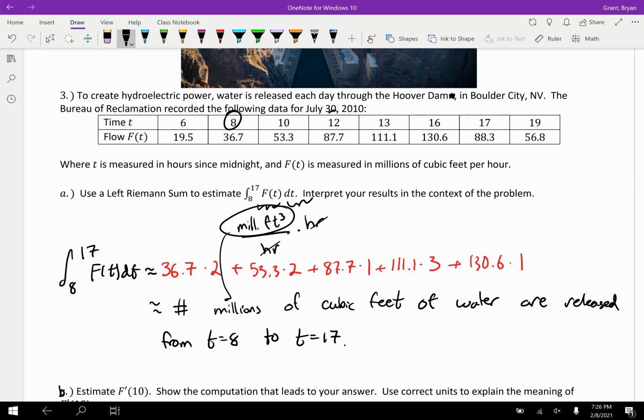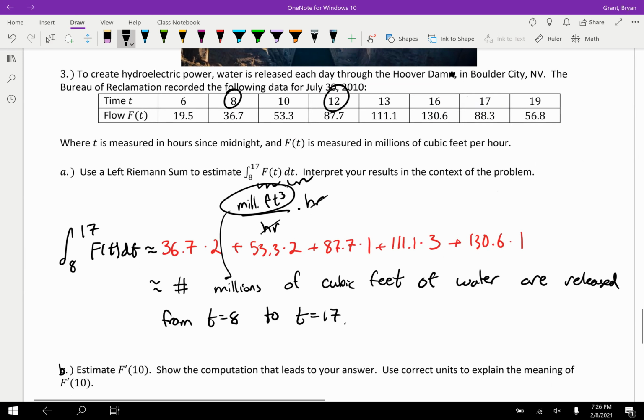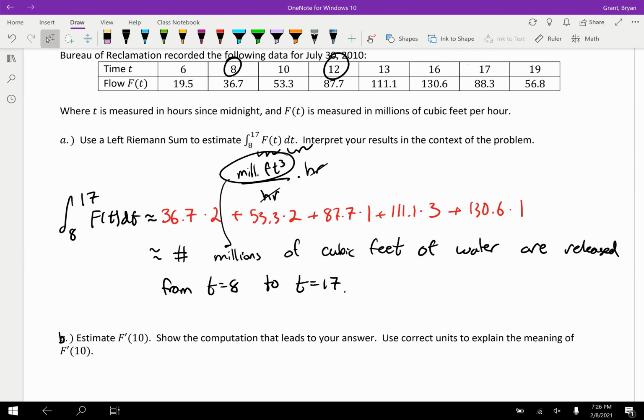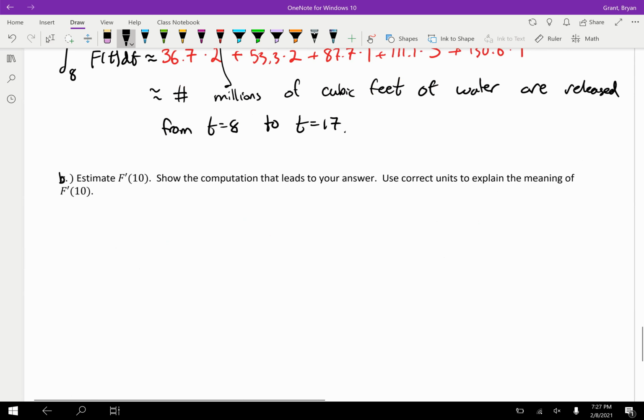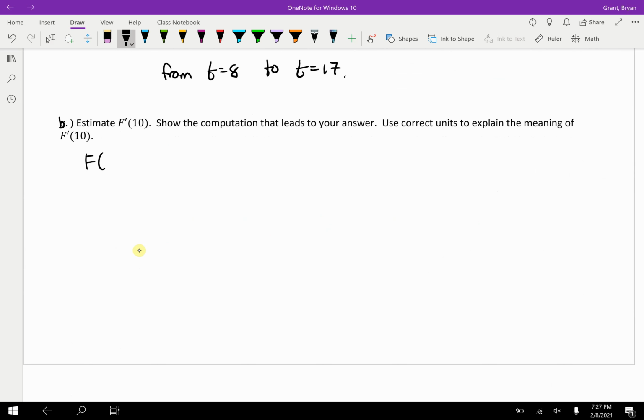So I'm going to take 8 and 12, and we essentially apply our mean value theorem without actually using the mean value theorem. And we're going to use these guys over here. So we're going to find F of 12 minus F of 8 divided by 12 minus 8. And again, this is the slope formula, the average rate of change formula applied to capital F. So this is going to guarantee something about capital F prime.